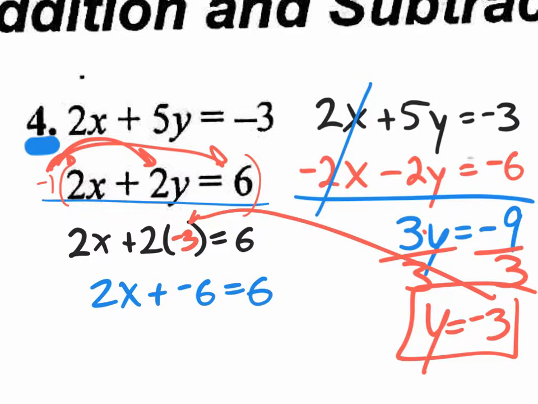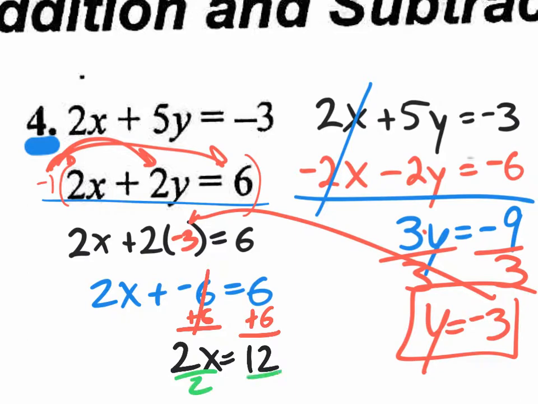And of course you want to get rid of that negative 6 to get the x by itself. You want x by itself. You don't want the negative 6. You don't want the 2. So let's get rid of that negative 6 by doing what? Adding 6 plus 6 plus 6. You're going to end up with a new equation. 2x equals 12, which means that when you divide by 2 here and divide by 2 there, x equals what?